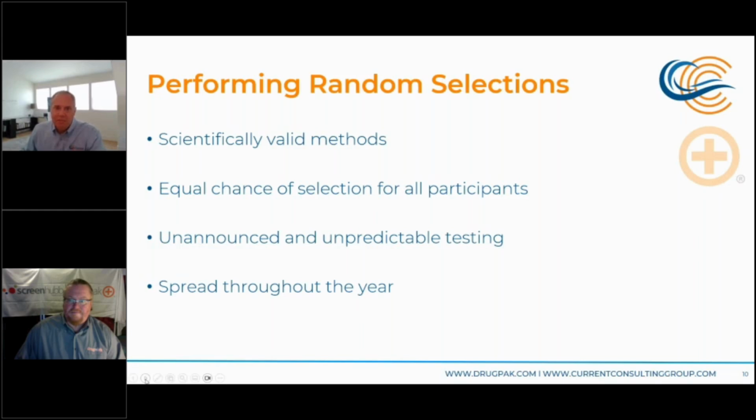Next, the equal chance of being selected for all participants. I love this one. This is a true random, and one of the most common concerns brought to any drug testing provider is that the same donor is being selected more than once in a calendar year. Oftentimes we hear things like, they were selected the last 4 times. Can't we choose somebody new?